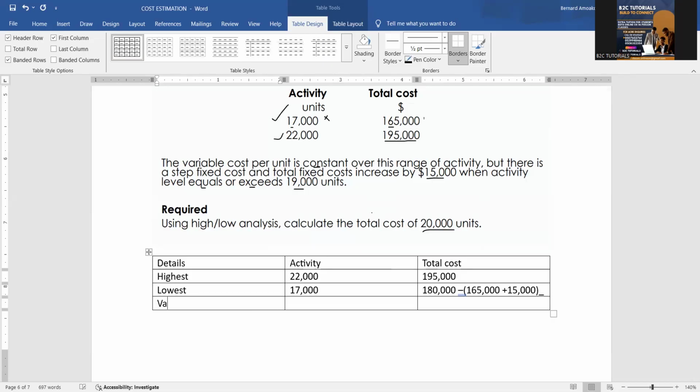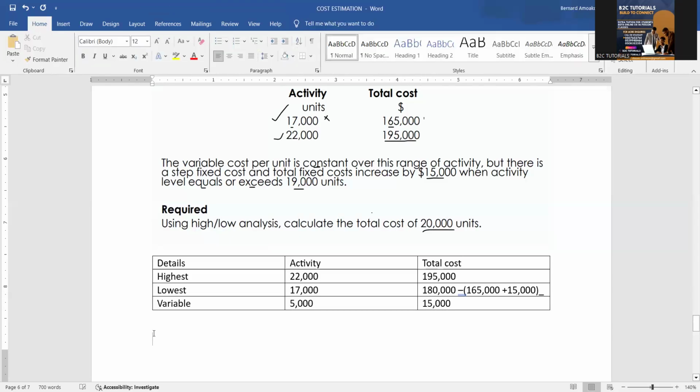So from here, applying the same knowledge for the difference, here's 5,000, and that of this will be 15,000 again.